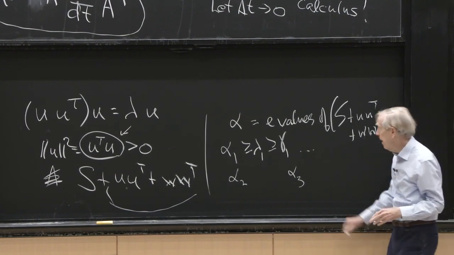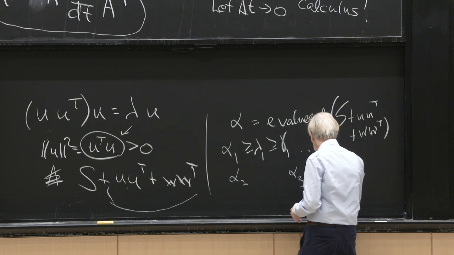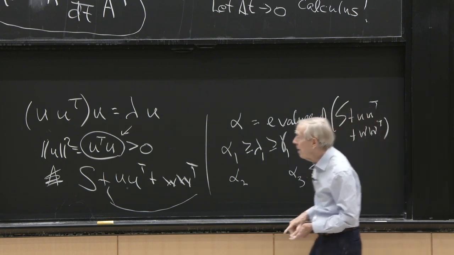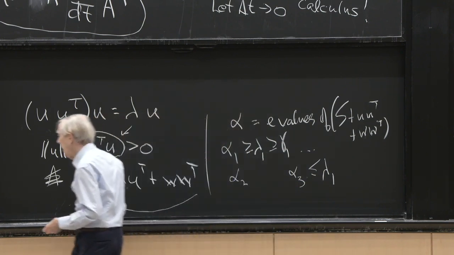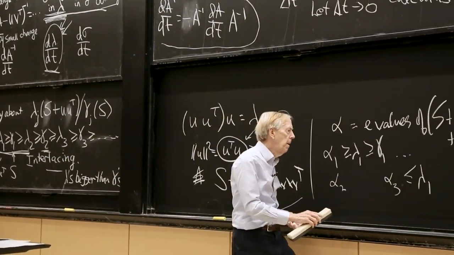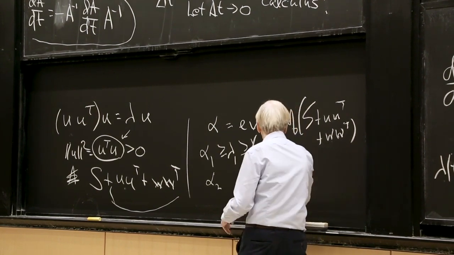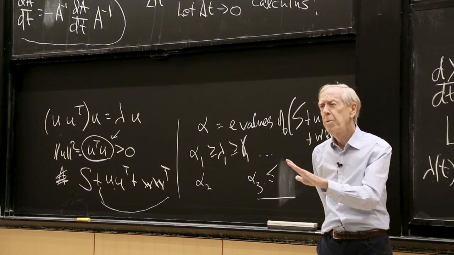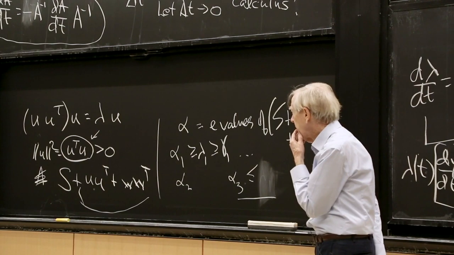It could pass lambda 1, but alpha 3 can't. I believe that alpha 3 is smaller than lambda 1, so alpha 3 is smaller than gamma 1, the original. Anyway, I'll get it right in the notes. You know what question I'm asking, and that's the important thing.